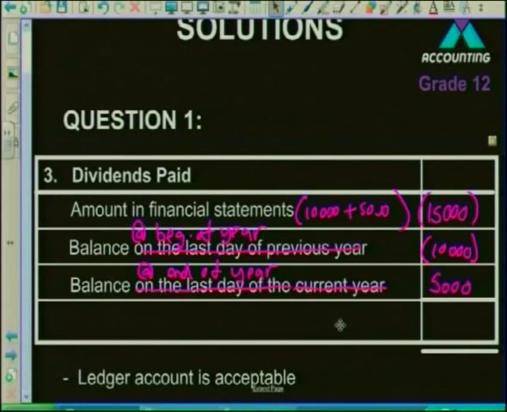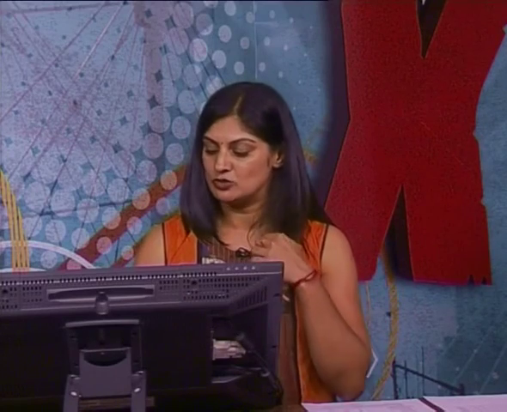Right, so let's now fill in that amount. 20,000 was actually paid to your shareholders, and we're going to show that in brackets because the payment represents an outflow of cash. Right, let's now take this amount to our cash flow statement. So let's go back to our cash flow statement itself. There we go.